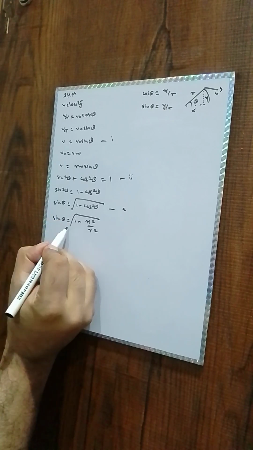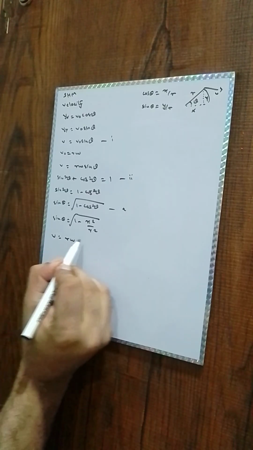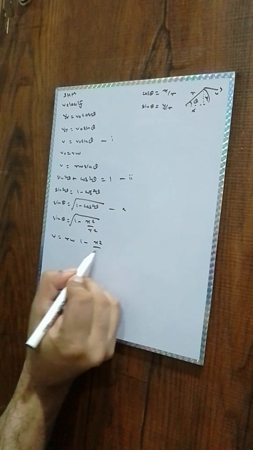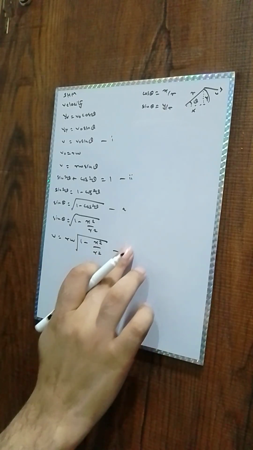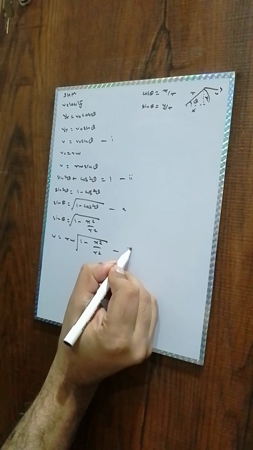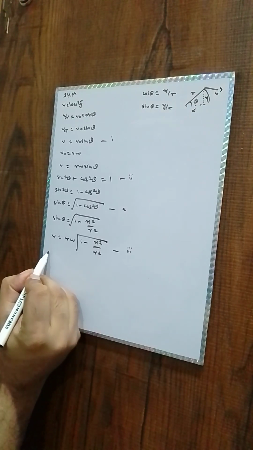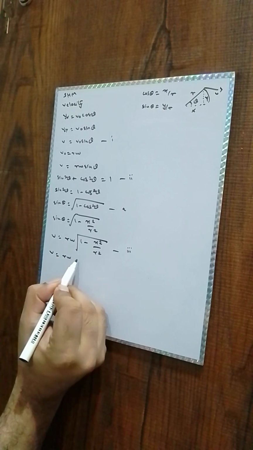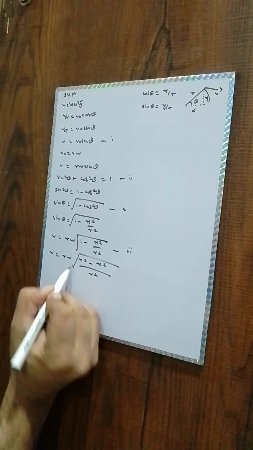So in general, I would be comfortable writing v is equal to r omega times the root of 1 minus x square by r square as a main mathematical form for velocity, which is predominantly the vertical component here, but the significant one. And then we can go on with the solutions. R omega times the root of r square minus x square by r square.